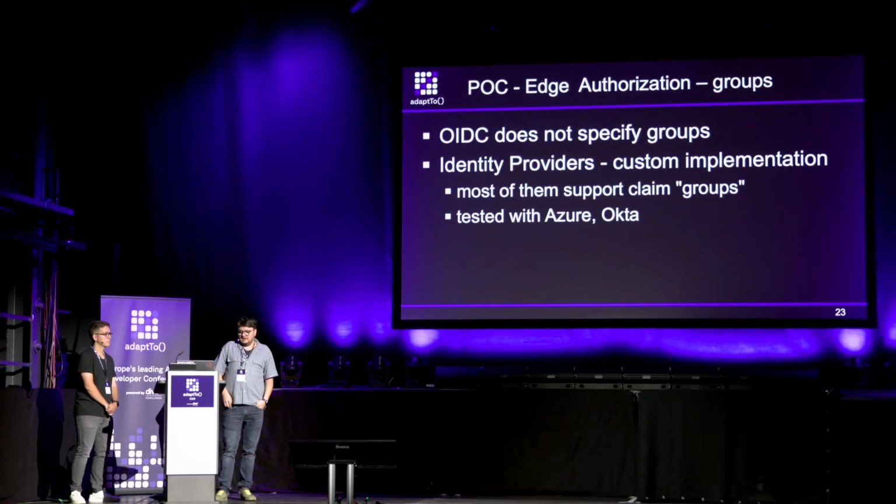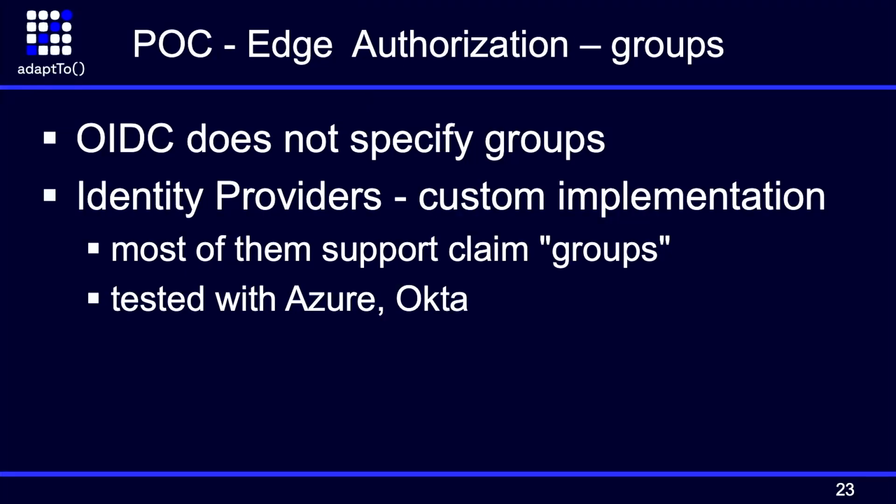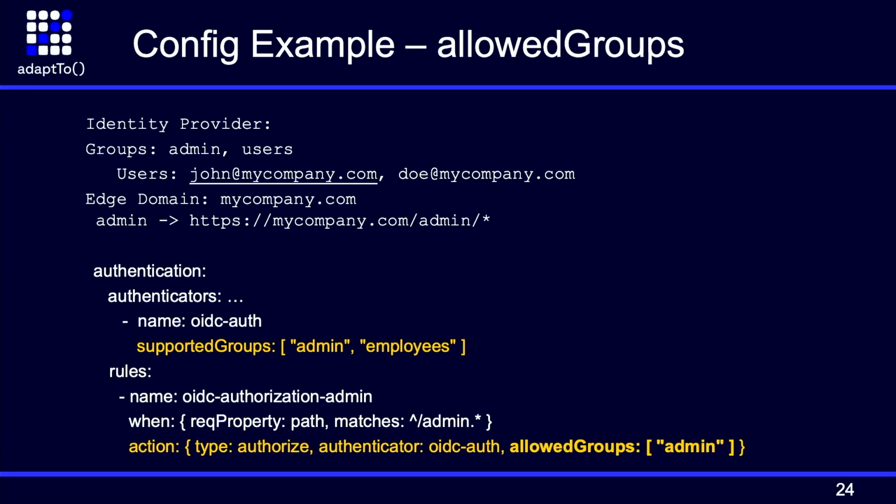We also did a POC for groups. Groups are a bit more special because they are not in the standard, so they have a lot of variations between providers. Most of them that we tested with actually support the group claims, and that allows us to configure something in the authenticator.